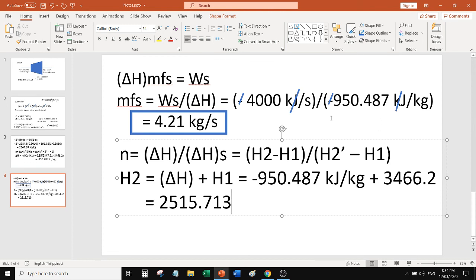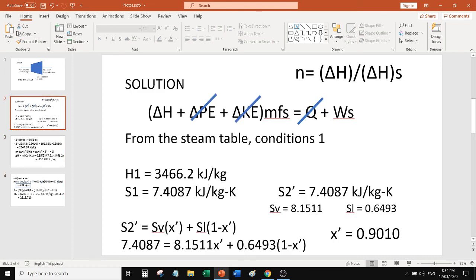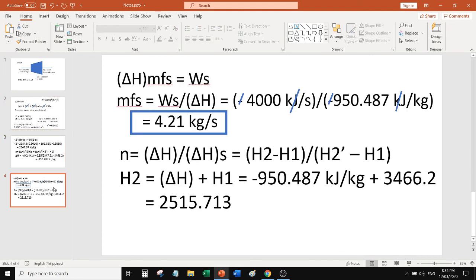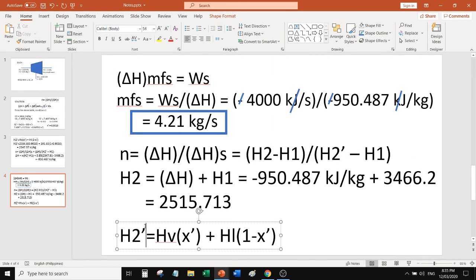Yan ang H2 mo. So, masosolve mo na ngayon si X. Ito lang siya, the equation. Copy-paste natin. Tanggalin ang mga prime, same lang siya.